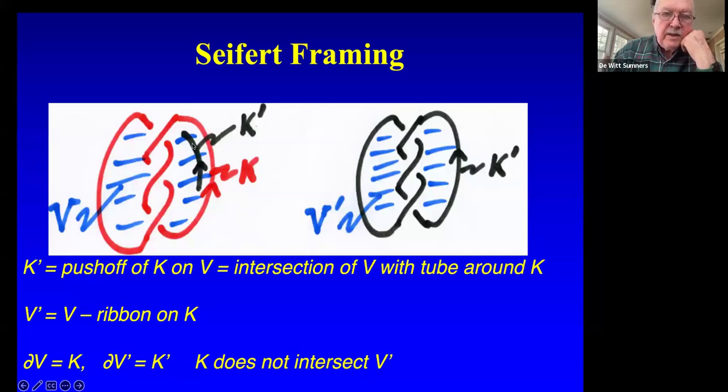This is the push-off that lives on both the Seifert surface and the tube around K. If you let V prime be the trimmed Seifert surface, you simply trim off the interior of these ribbons, so it's V minus the ribbon around K. The boundary of V is K, the boundary of V prime is K prime, and K does not intersect the trimmed Seifert surface.